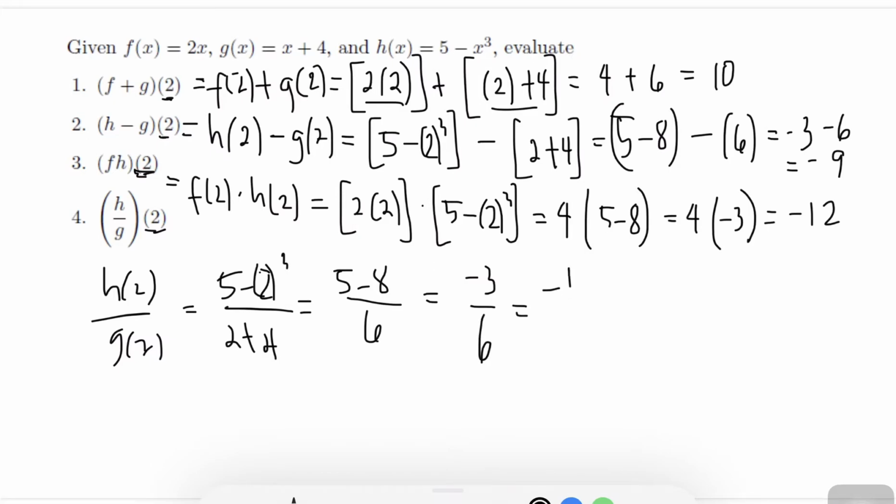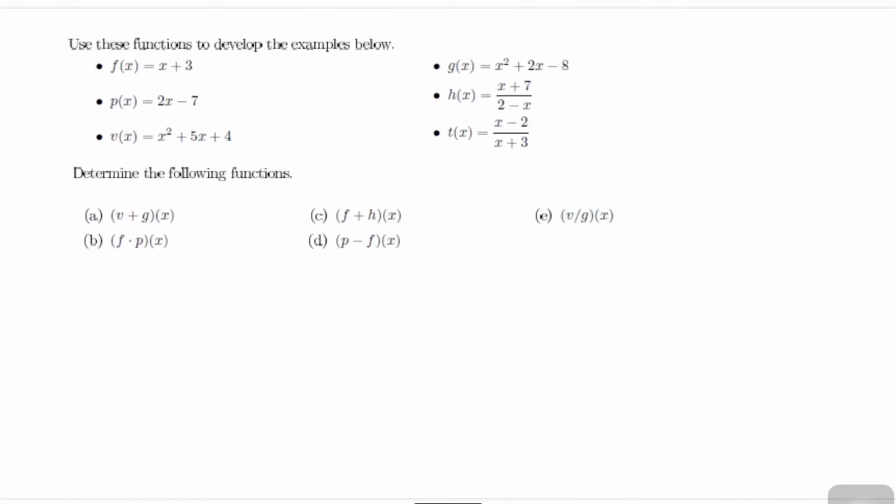Lowest term, negative 1/2. So these are our answers. So you just use the properties or the laws and then do the evaluating of functions topic. So you may practice this if you want.